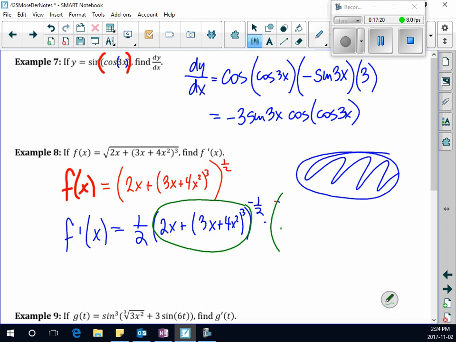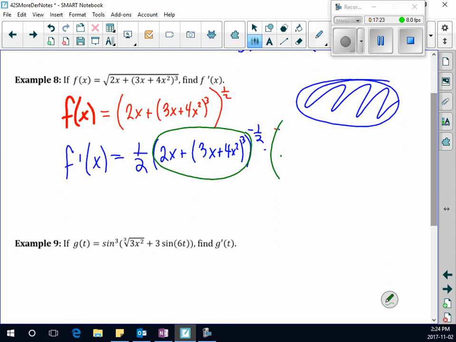Yeah, so what's the derivative of 2x? 2. Now we need to do the derivative of this, but this is a chain rule. So plus 3. So it's going to be 3, leave it alone, 3x plus 4x squared to the power 2.